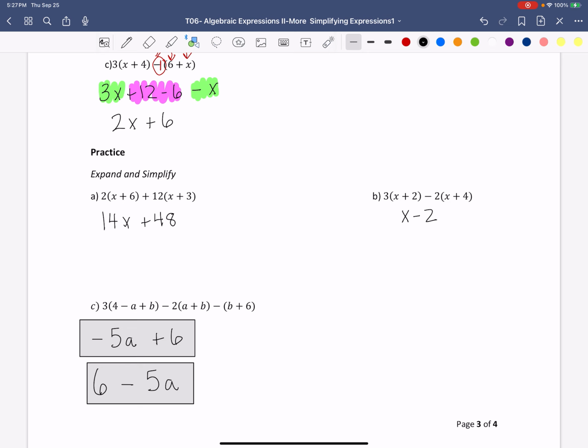Meaning we can move the order of those terms, but it still makes it equal. So those 2 answers are correct. We just put the a term first in the first answer and then the constant second, and then switched it around the other way. But notice that the signs are the same. The 5a is still negative and the 6 is still positive.